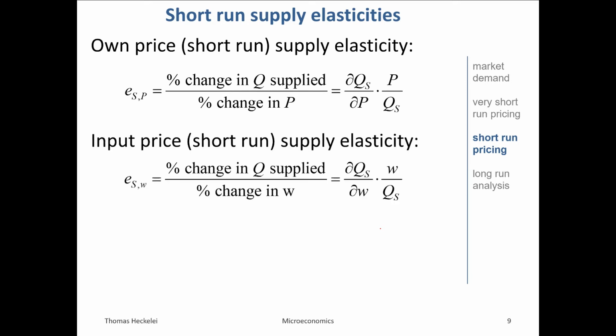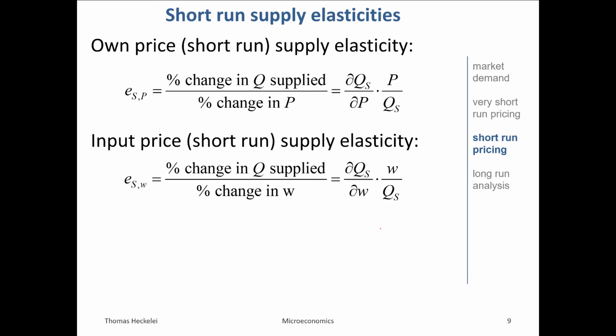The second is input price supply elasticity. It shows how supply changes when input prices change. For example, how much more or less will my neighbor sell of sugarcane juice when sugarcane becomes more expensive, for example during the non-cropping seasons.